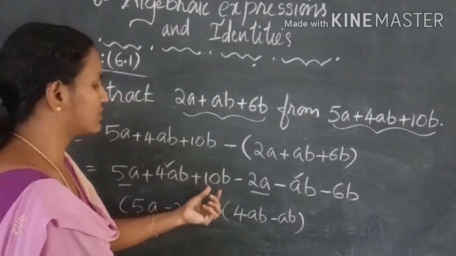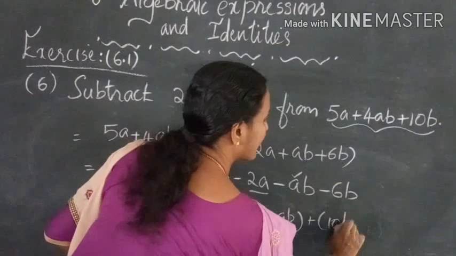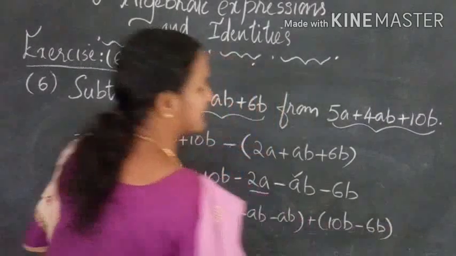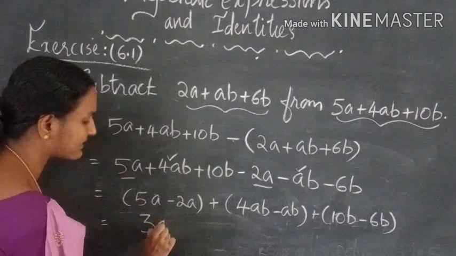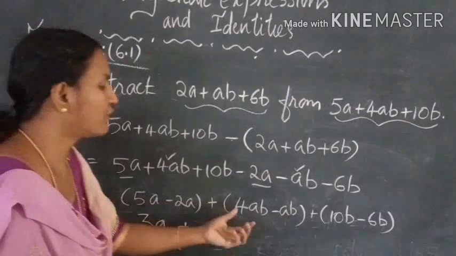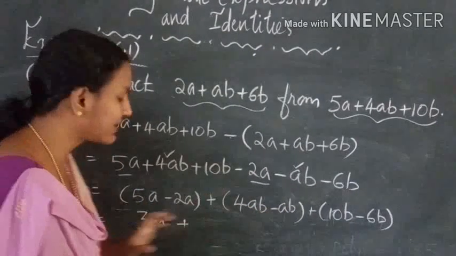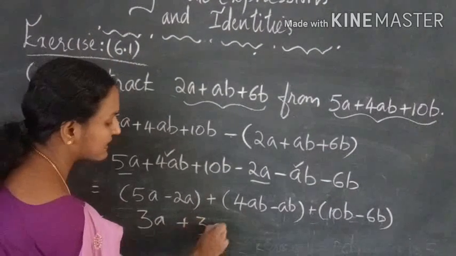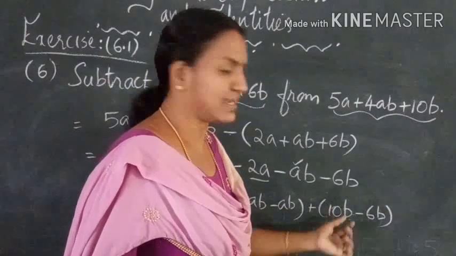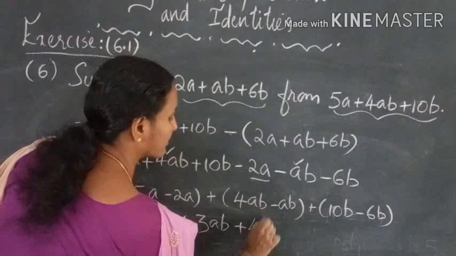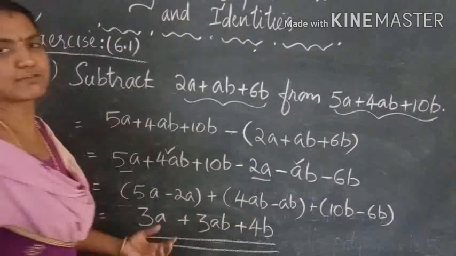Then the last two terms, 10b minus 6b. 5a minus 2a is 3a. 4ab minus 1ab is 3ab. 10 minus 6 is 4, so 4b. So the answer is 3a plus 3ab plus 4b.